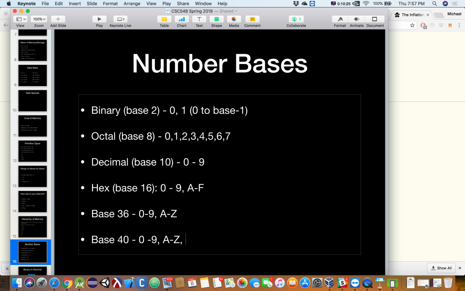You could use lowercase and uppercase. Typically, those are used so interchangeably that you wouldn't say start with lowercase and then uppercase, because you might see people representing hexadecimal with either one. So it's probably a little dangerous to say it's going to be lowercase followed by uppercase. You'd want to probably move over to emojis or something like that.